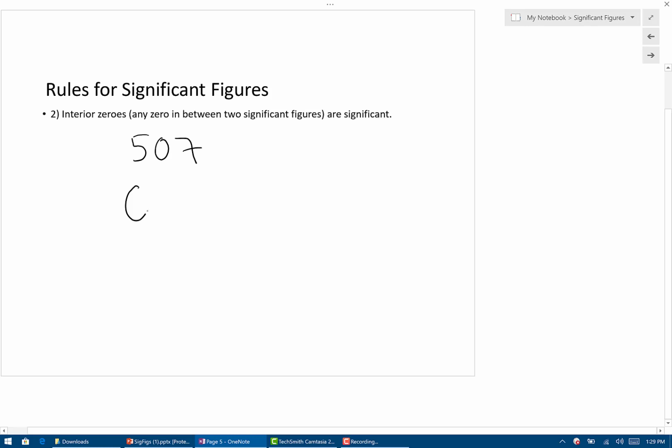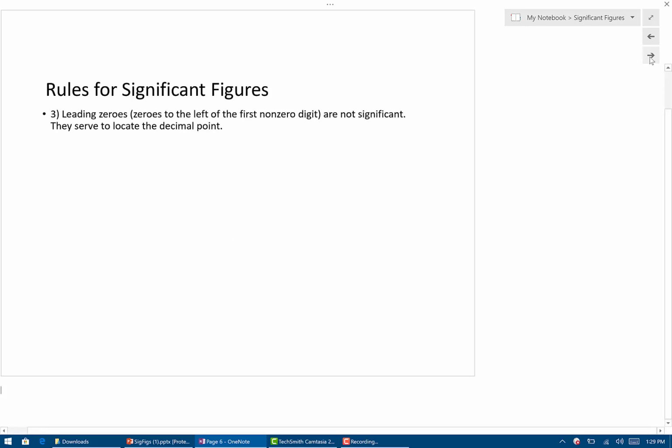Or if you had a number like 6003, again, we have two interior zeros, and they would both be significant in a number like 6003 because they are in between two significant figures. Also, with a decimal point, you could have something like this, again, these zeros here are in between numbers that are significant, between the 75 and the 4, so they too are significant.